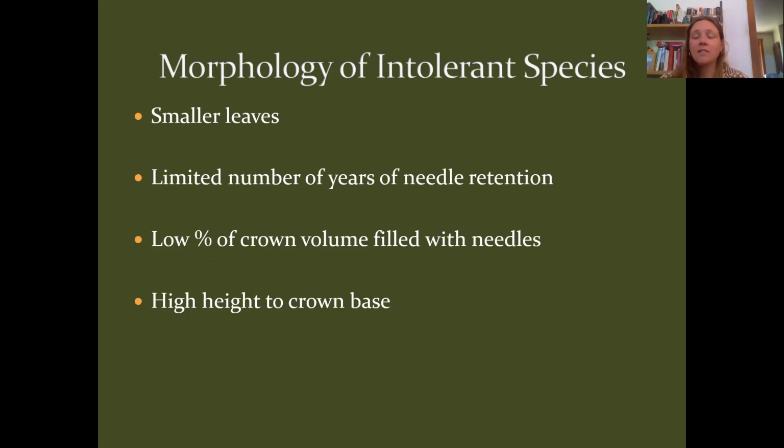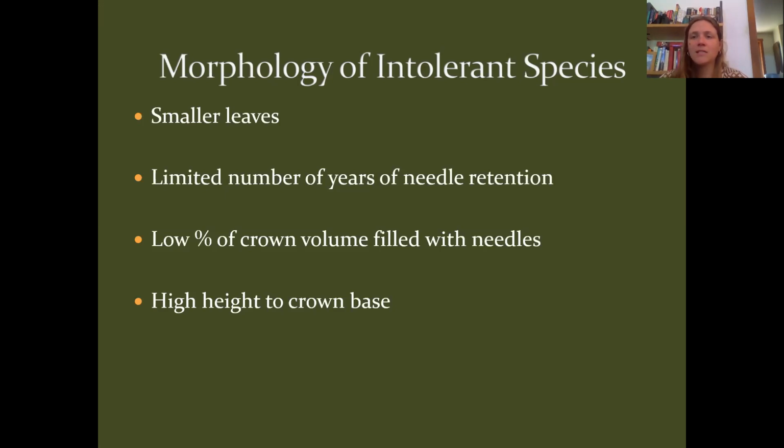Okay, so the morphology of these species is going to be kind of opposite from the tolerant species. They tend to have smaller needles that are more bunched together, that aren't as spread out, or if it's a broadleaf tree, a smaller, potentially more waxy type of leaf, because they're not working as hard to capture light as their tolerant counterparts. They also tend to shed needles or leaves more readily, so they'll have a more limited number of years of needle retention on branches.